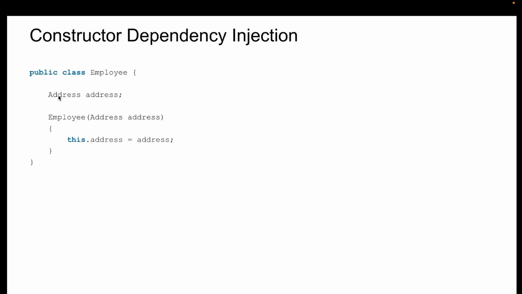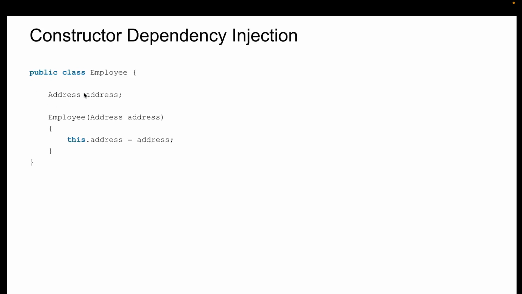All these fields are in a class, and that class is named address. Now we want that entire class to be injected into the employee class. We can do it in two ways: constructor injection and setter dependency injection. Address itself is a data type, a user defined data type. We have defined this class.